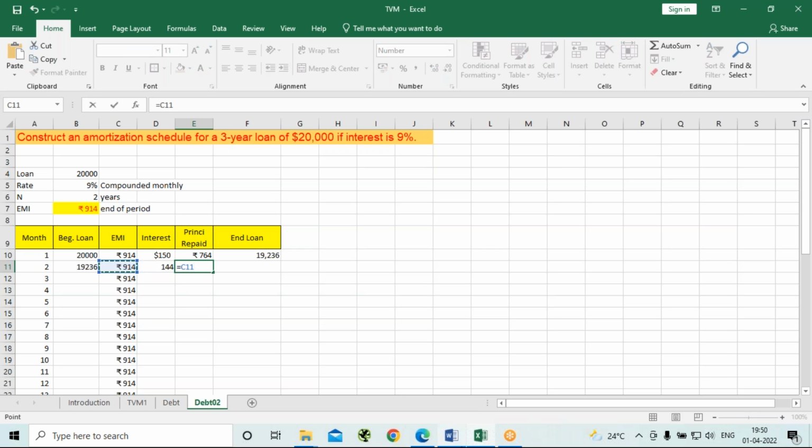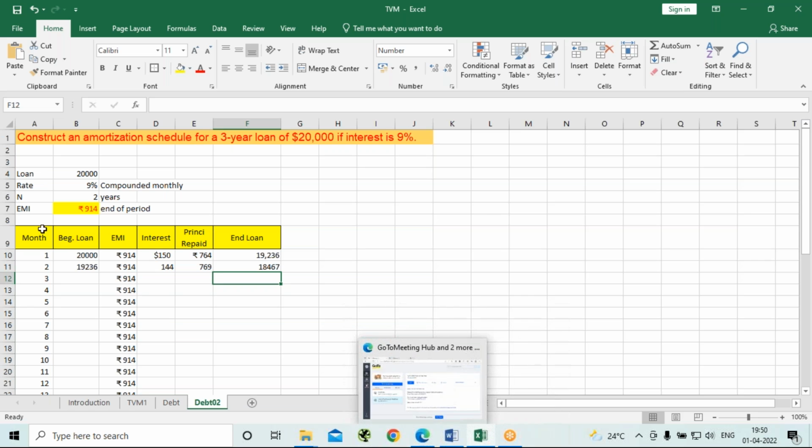Okay, so now equals EMI minus interest, and the ending loan will be that month's beginning loan minus principal repaid. Okay, so after doing the second month calculation, it is not required for us to do anything more.